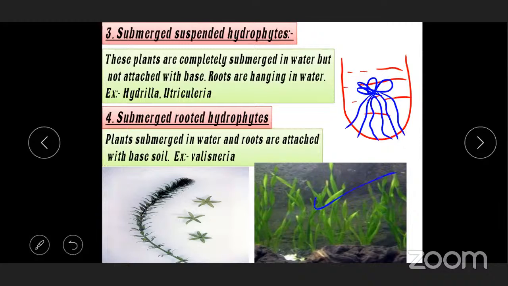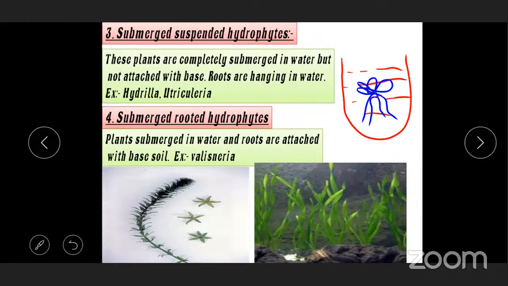Vallisneria is the best example for submerged rooted hydrophytes. And what is the difference from submerged suspended hydrophytes? In submerged suspended hydrophytes, the plants are present inside the water, but the roots are not attaching with the substratum, like Hydrilla and Utricularia.